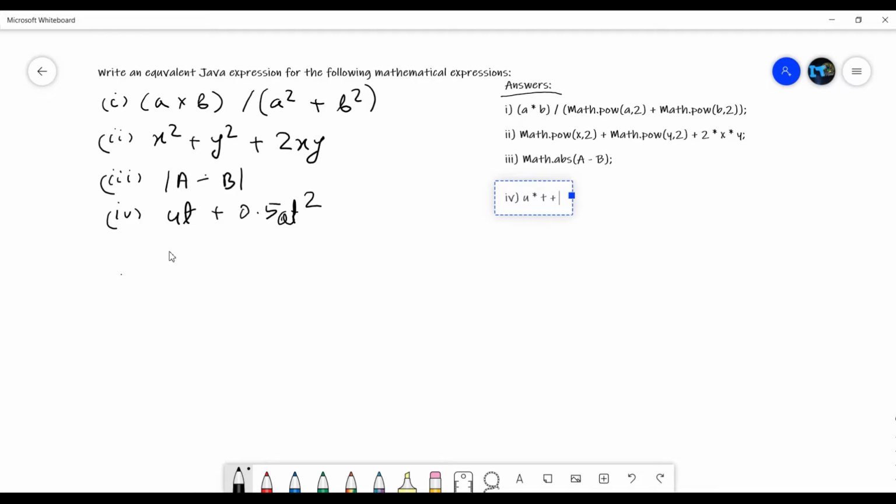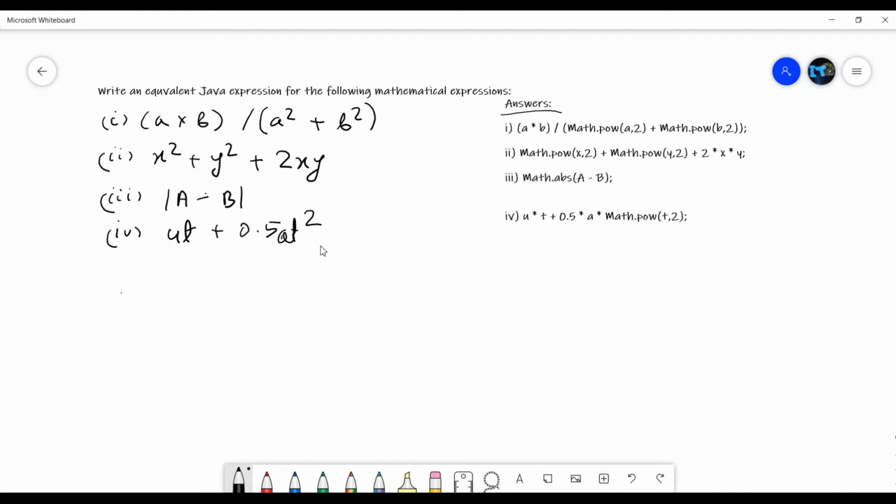Now I have to write 0.5, so simply put the value 0.5 multiply by t square. For t square you have to use the Math function, Math.pow of t, first argument is t, and second is 2. Then semicolon. So this is the answer for the fourth expression.